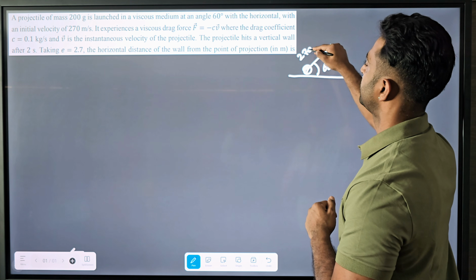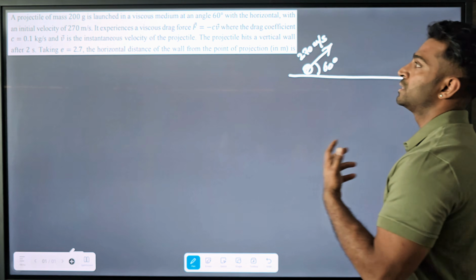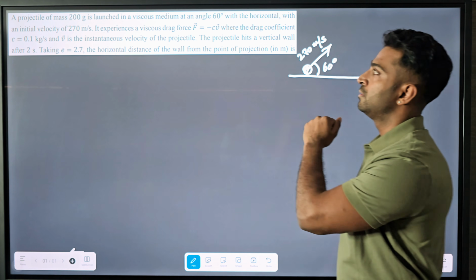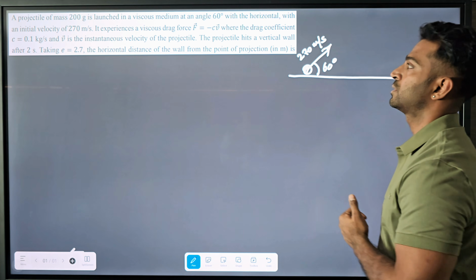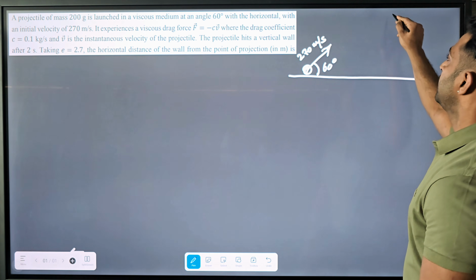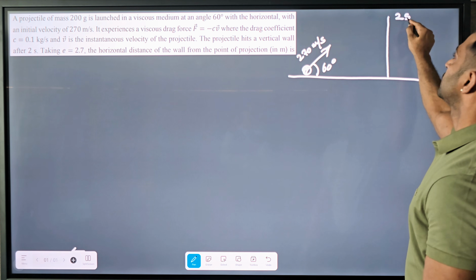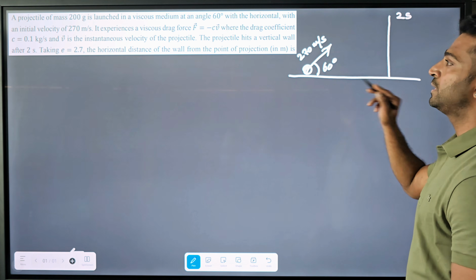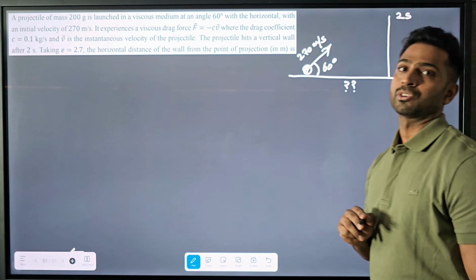It experiences a viscous drag force, minus CV, where the drag coefficient C is given as 0.1, and V is the velocity. Now this projectile hits a vertical wall after 2 seconds. Taking e to be 2.7, find the horizontal distance of the wall from the point of projection.